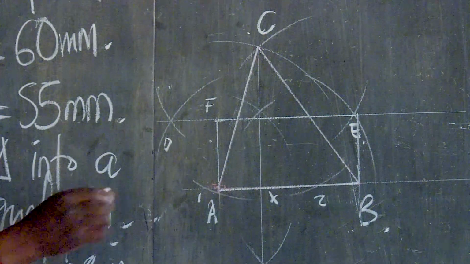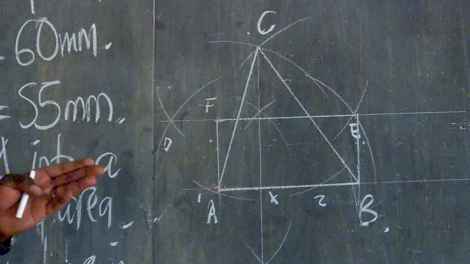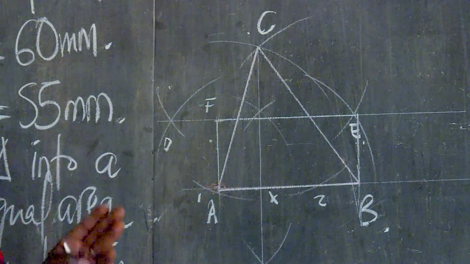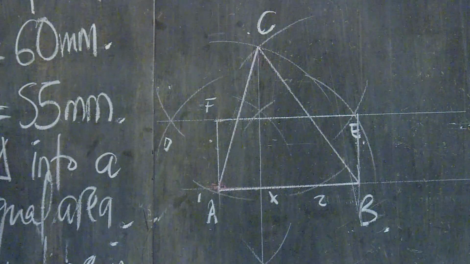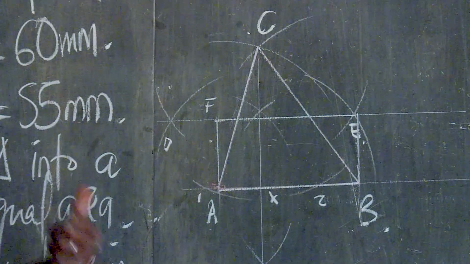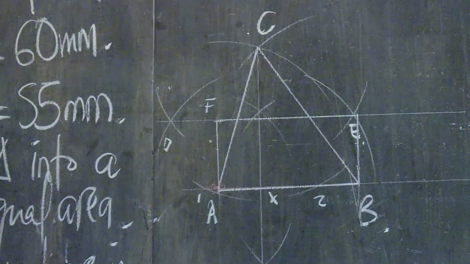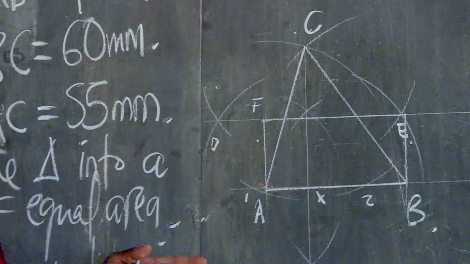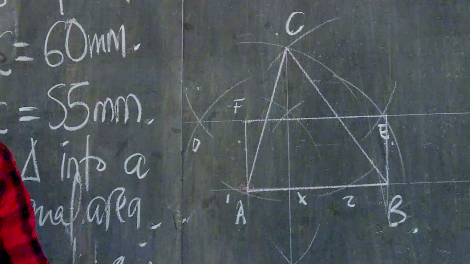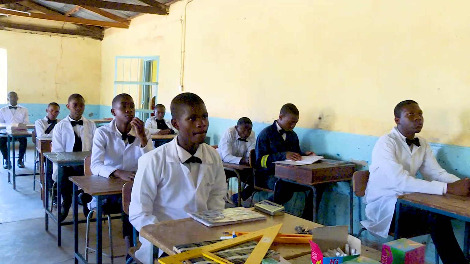Now, we are going to answer the second question where you now need to transform this rectangle into a square of equal area. Into a square of equal what? Area. So in this case, we are going to extend line AB so that we draw the square.